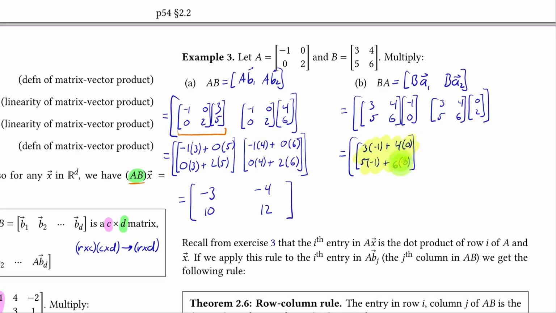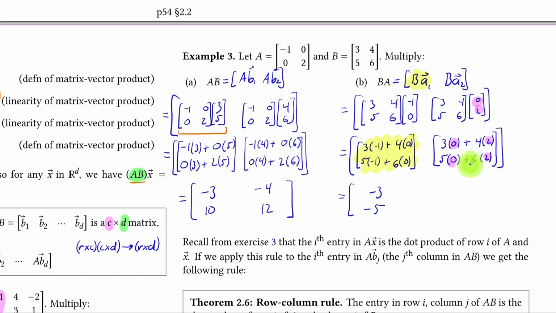And that is now BA1. Let's do B times A2. 3, 5 is scaled by 0, and 4, 6 is scaled by 2. Anyways, it all comes out to be negative 3, negative 5, and on the right, we have 8, 12. So you get this matrix.